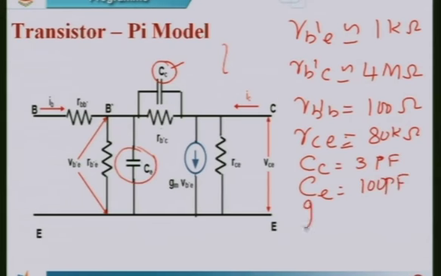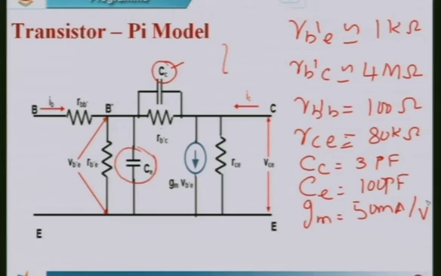The g_m is the transconductance, which means it transfers a voltage into a current, hence it is known as transconductance and denoted with g_m. This value is equal to 50 milliamperes per volt. These are some ideal values of transistors at high frequencies.